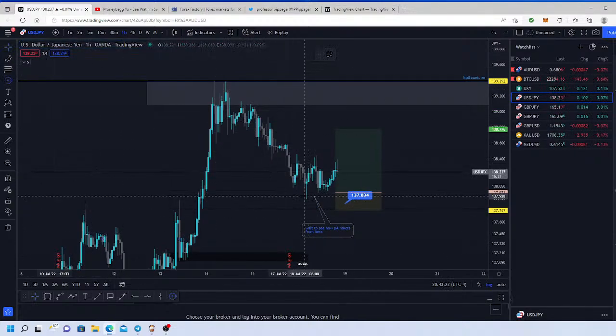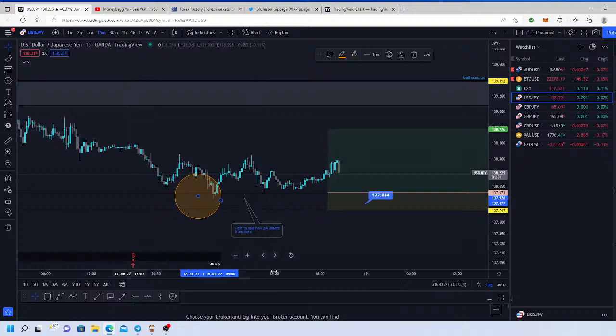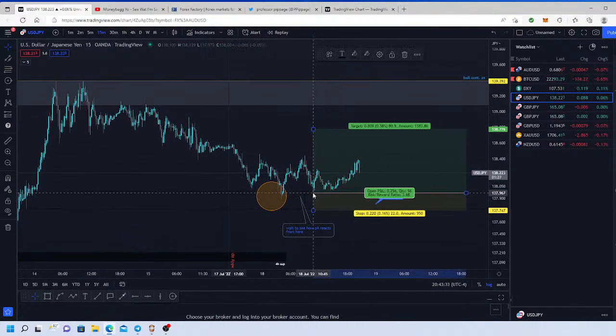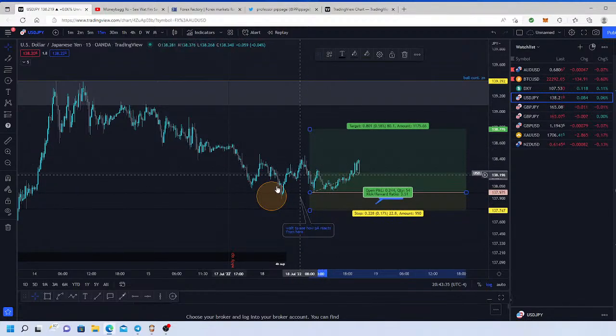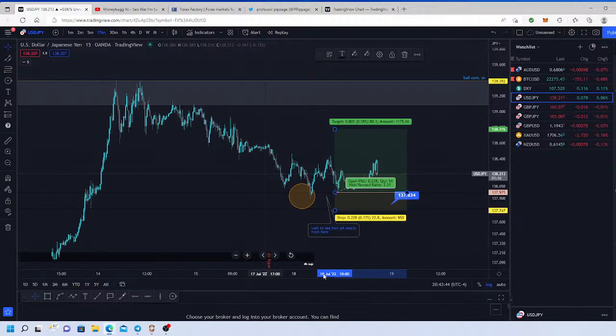So as we mark that area, go down to the 15, I'll show you how I would have got in. I know I already talked about this earlier, but I want to put this up, something like this. So come back, retest, fade, break the low. So potentially that's what got in there. I want to put this up just to see how it's progressed throughout the week when I come back and look at it.